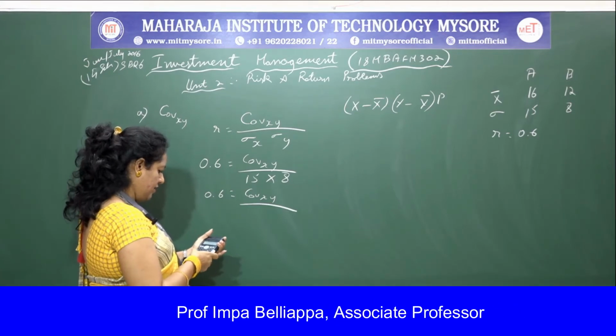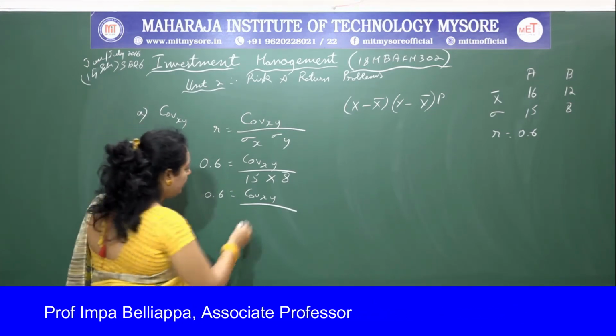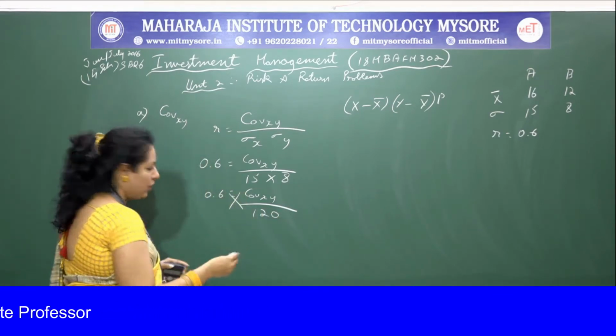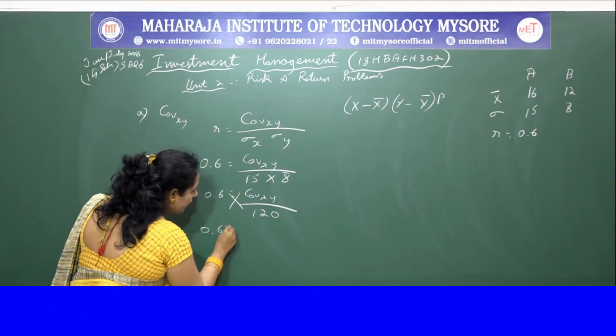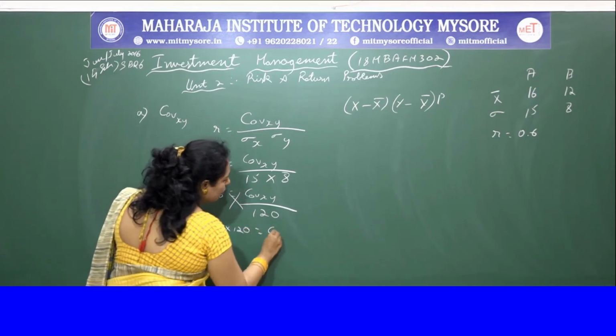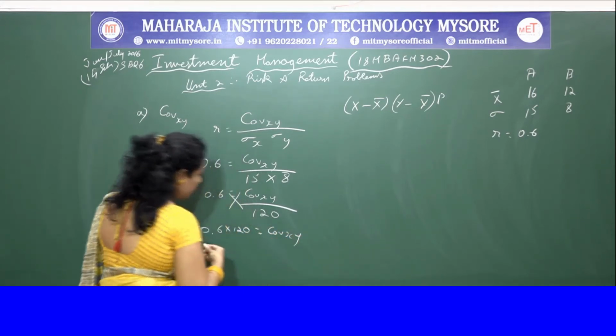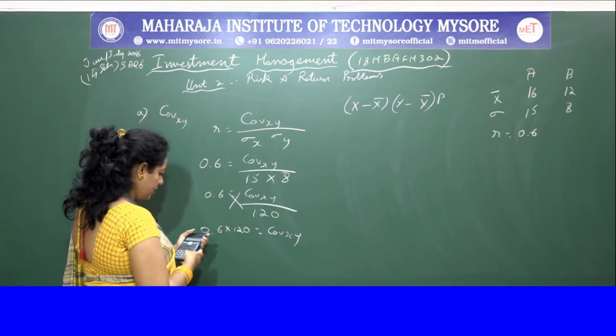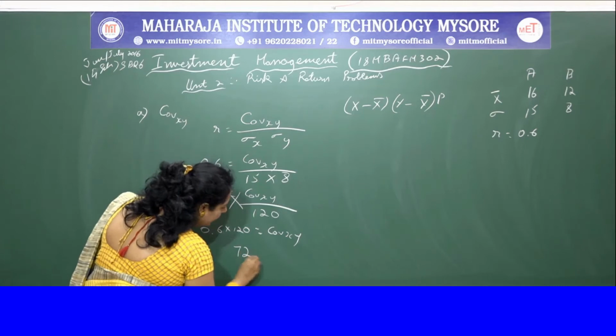Do the cross multiplication. So 0.6 into 120 is equal to covariance xy. 0.6 of 120 is 72.